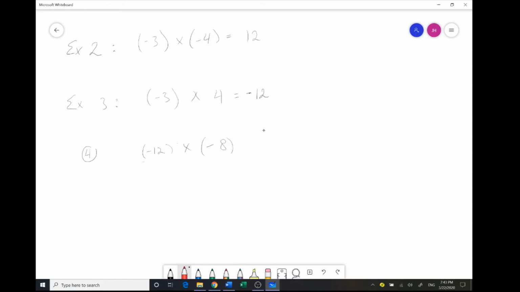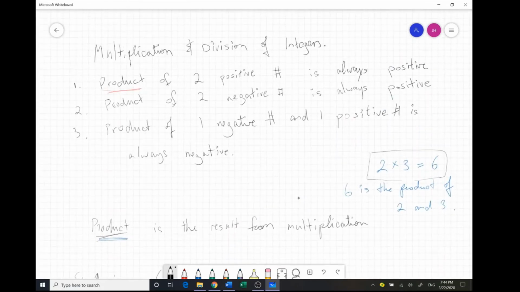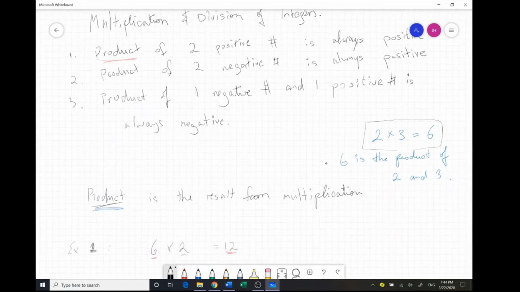I'm multiplying a negative by a negative number. So when 2 negative numbers multiply, guess what? That will become a positive 96. This directly refers to principle number 2: the product of 2 negative numbers is always positive.